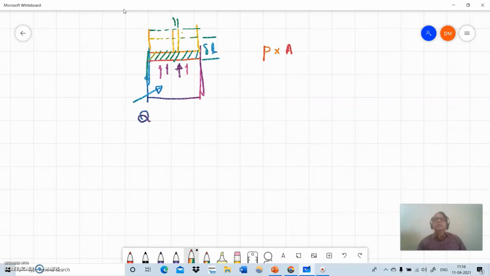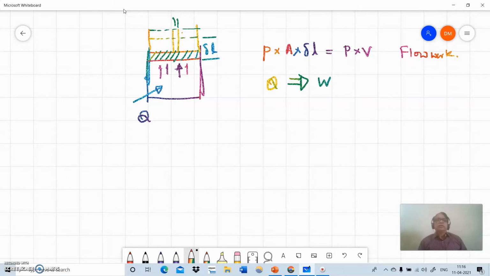Delta L is the distance the piston has traveled because of heat addition. It has traveled A into L, so what you get is P into V. This is nothing but the flow work, right? So that means Q is transformed into the work done.